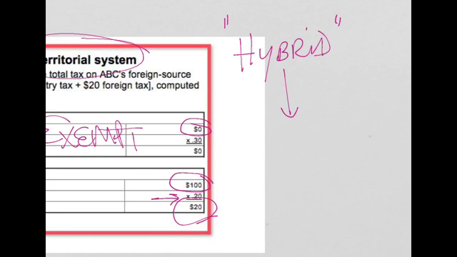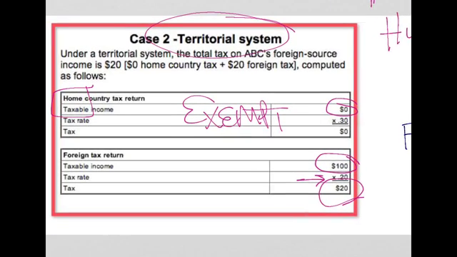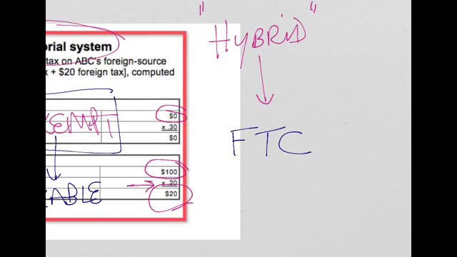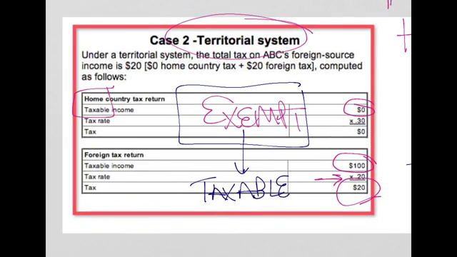You would need to go to the foreign tax credit. Otherwise, instead of being exempt in the hybrid method, it wouldn't be exempt, it would be taxable. So the hybrid method will result in needing to avoid double taxation. You'll have to use the foreign tax credit. That's why I called this originally the traditional territorial system.